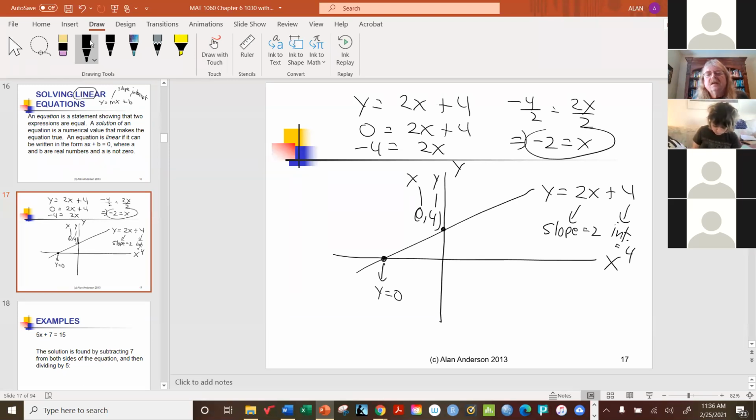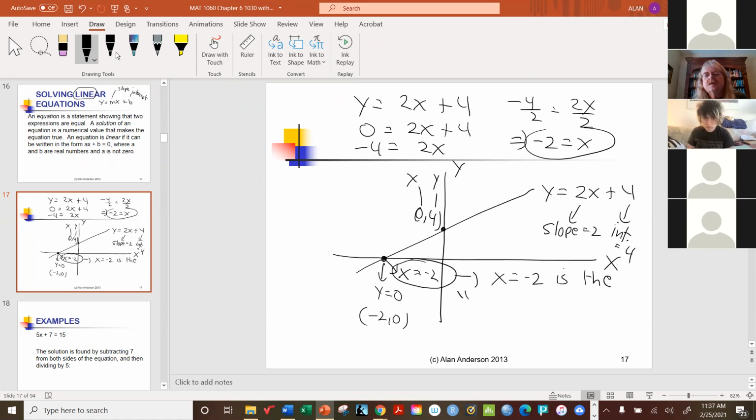So here, x is minus 2, and y is 0. So this point is actually negative 2 comma 0. But this is what I'm interested in right here, the value of x at which y is 0, and this is referred to as the solution of this equation.